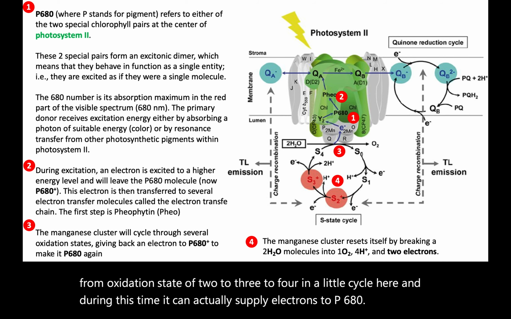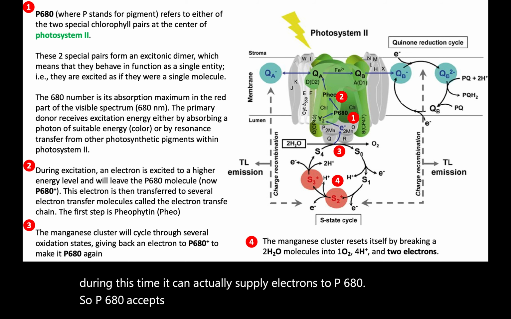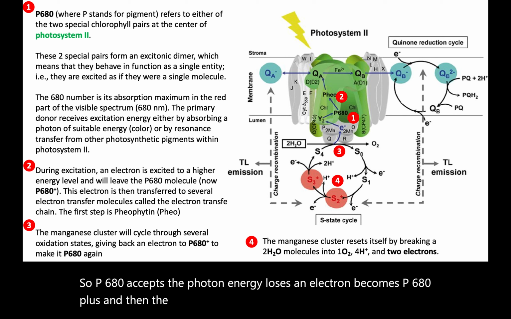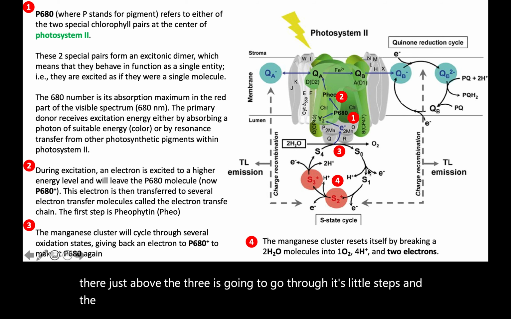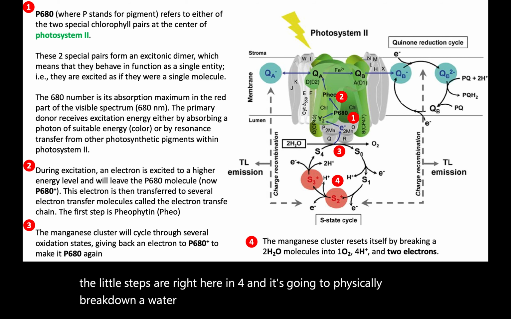So P680 accepts the photon energy, loses an electron, becomes P680 plus, and then the manganese cluster down here at the bottom, right there, just above the 3, is going to go through its little steps, and the little steps are right here in number 4, and it's going to physically break down a water molecule and release an oxygen molecule.